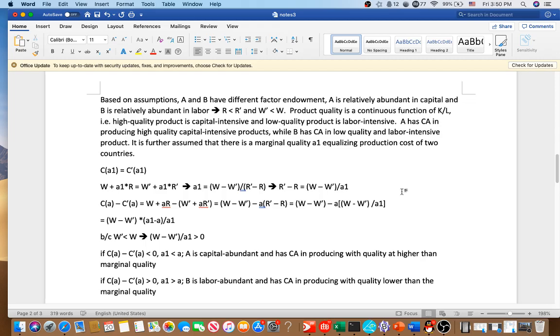It can be denoted in this way: the cost function of country A with the marginal quality A1 is equal to the cost of country B. So it can be derived in this way.